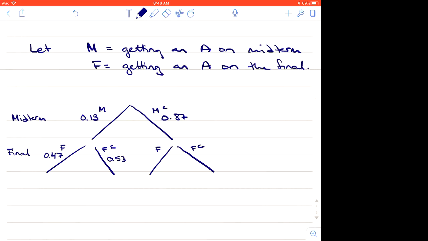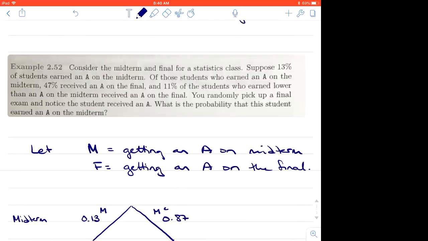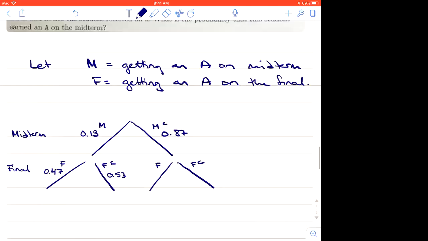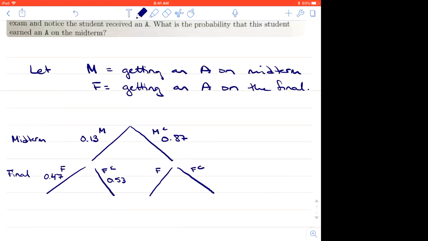Okay. And 11% of the students who earned lower than an A on the midterm received an A on the final. So now we're down this branch, they didn't get an A on the midterm, but they did get an A on the final, and we have 11% there, so 0.11.